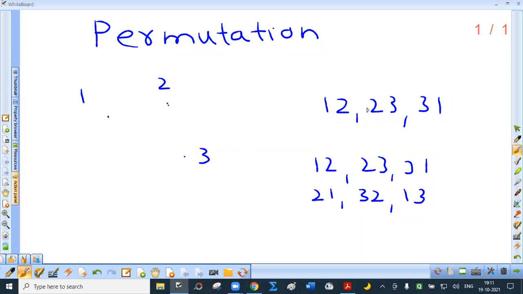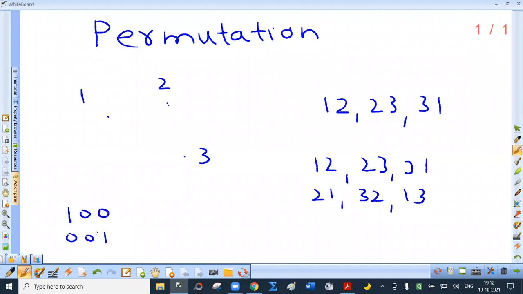But in the first case, order is immaterial. Line 1, 2 is the same as line 2, 1. But here, order matters. The order in which digits are written is very important. Otherwise, students securing 100 and students securing 001, are they on the same level?